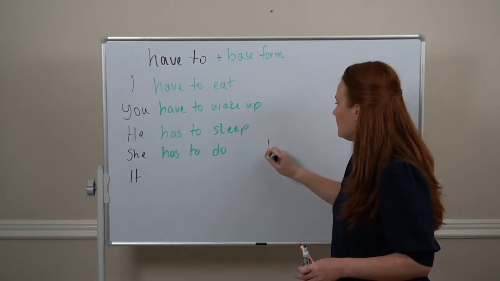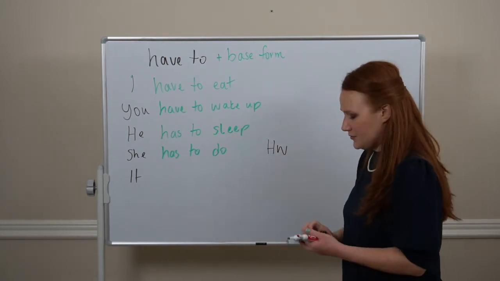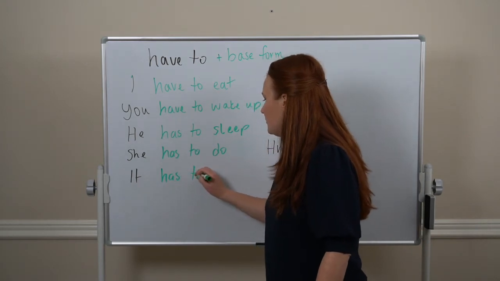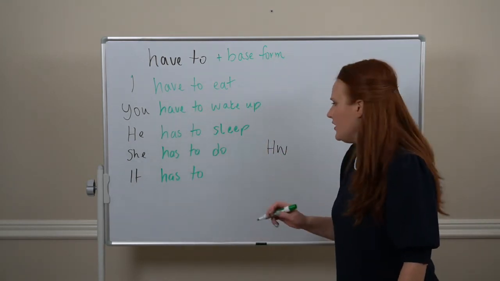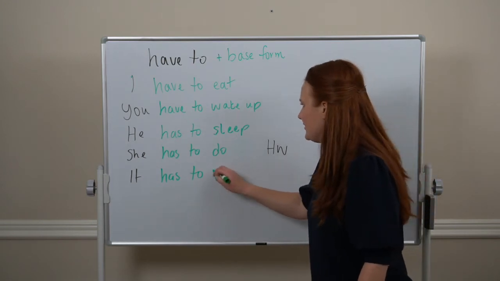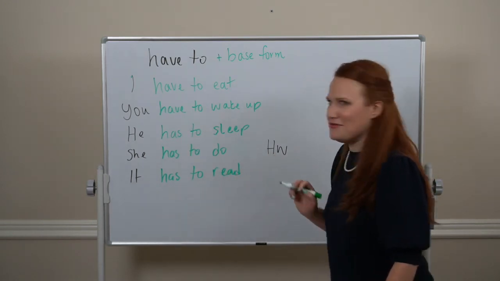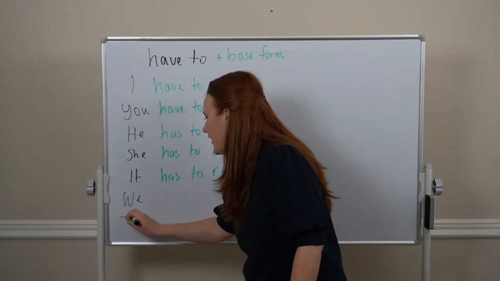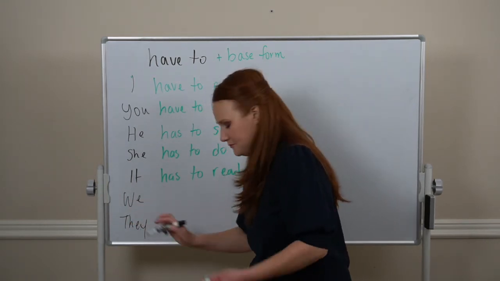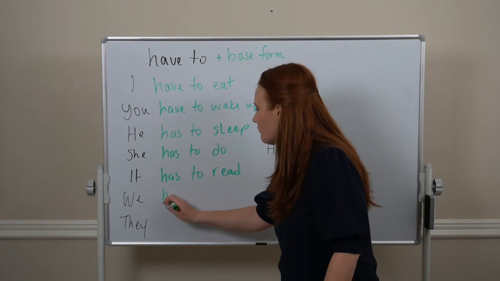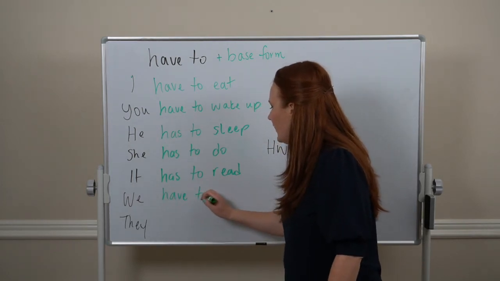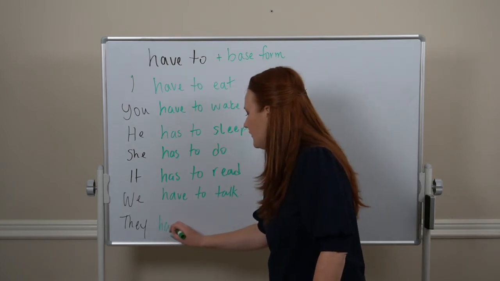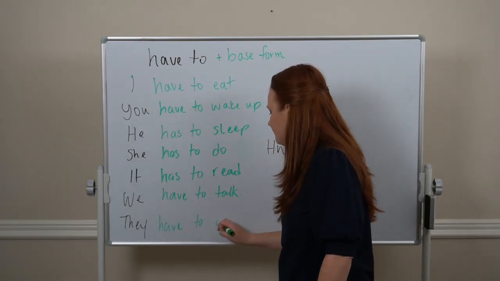She has to do homework. It has to, what does it have to do? It has to read before bed. Then for we and they, we'll be back to have. We have to talk. They have to go.